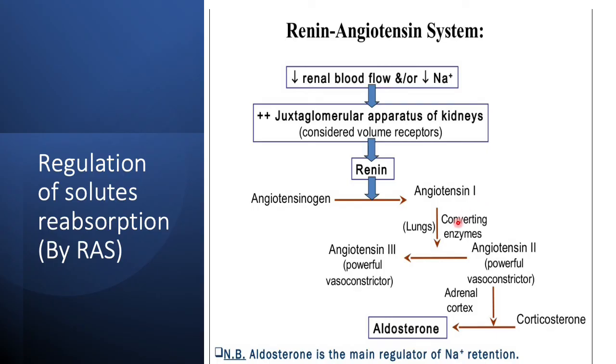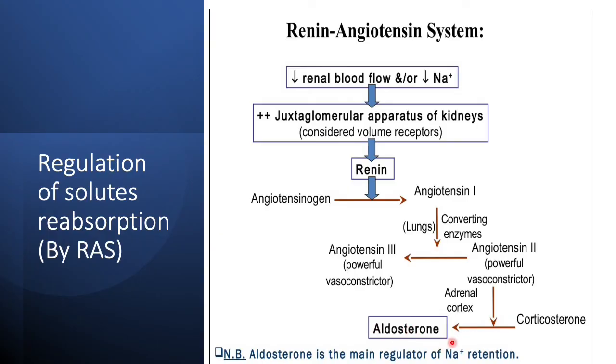angiotensin 1 is converted to angiotensin 2. This angiotensin 2 is a very powerful vasoconstrictor, and it acts on the adrenal cortex and secretes aldosterone.